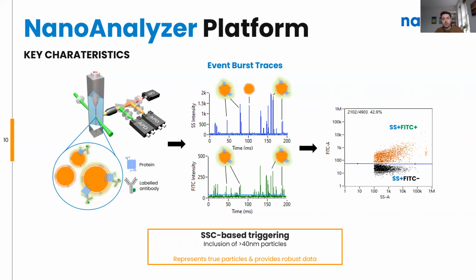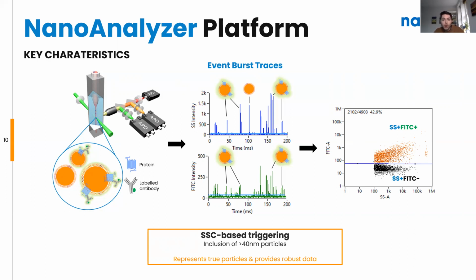An example of these is shown in the central panel with 2 burst event traces, 1 side scatter and 1 fluorescent. Now, the intensity of the refracted light in the side scatter channel tells us the size of an object, whilst the fluorescent measurements taken simultaneously identify whether the particle possesses our target.